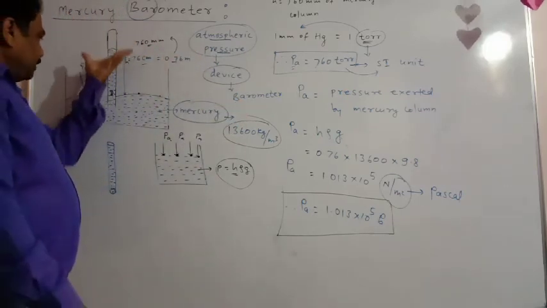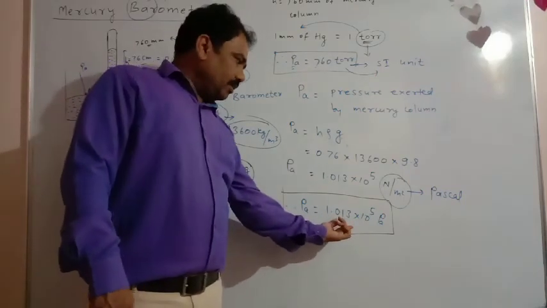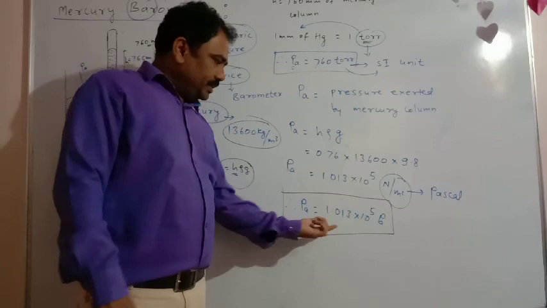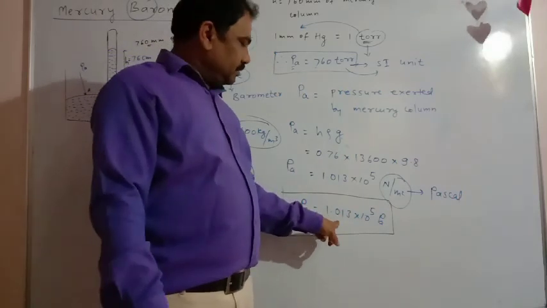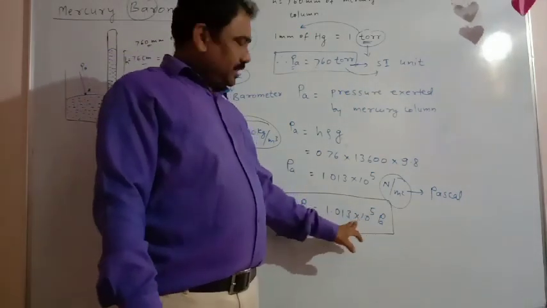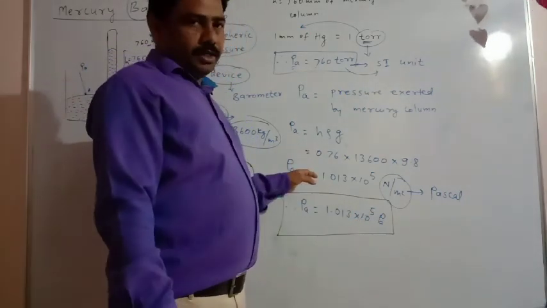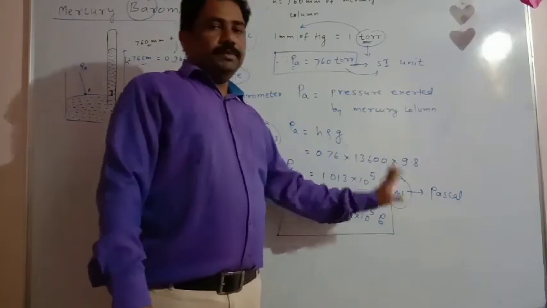With the help of this barometer we can calculate the exact value of atmospheric pressure, which is always constant, 1.013 into 10 to the power 5 Pascal. Pascal is the SI unit to measure pressure, and Pascal is also known as Newton per meter square.